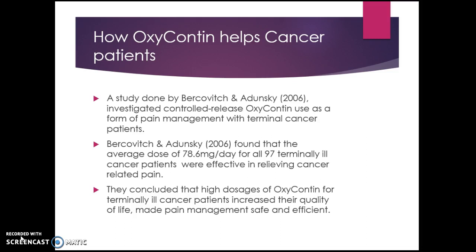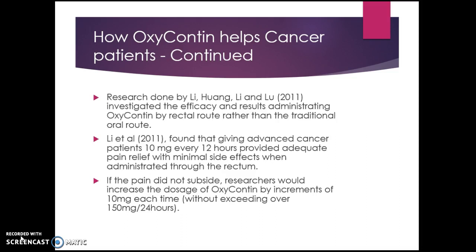They concluded that high doses of OxyContin for these terminally ill cancer patients increased their quality of life and made their pain management safe and efficient. So it's really nice to see that it has benefits and can really improve someone's quality of life. The dosage kind of shocked me when I first read it. I'm not sure how other people will feel, but with this next slide, we'll see a different dose and a different administration.